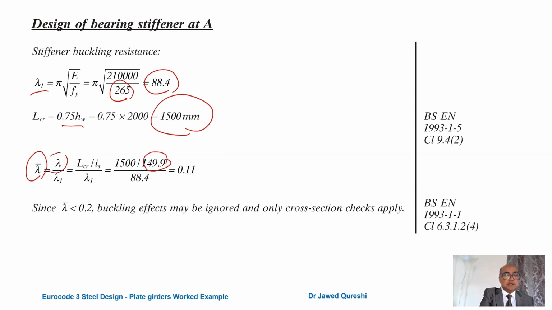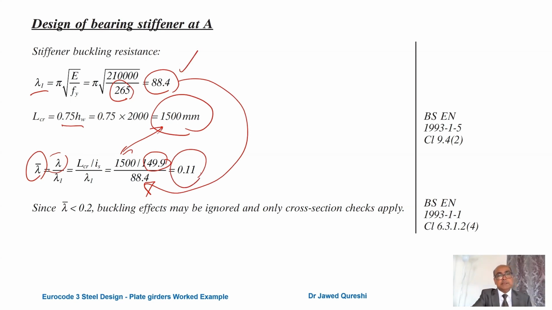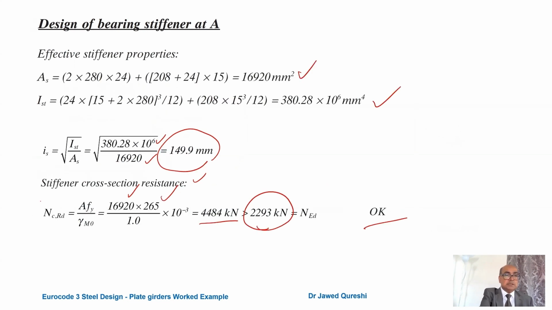IS is radius of gyration, which we worked out earlier. LCR is this value, which we found out, and lambda 1 is this value, 88.4, which we figured out a little earlier. So this comes out to be 0.11. As this value is less than 0.2, it means that buckling check is not required. Only cross-sectional resistance is required. So earlier we found out cross-sectional resistance, which is NCRD, that is greater than applied loading 2293. It means that it is fine.